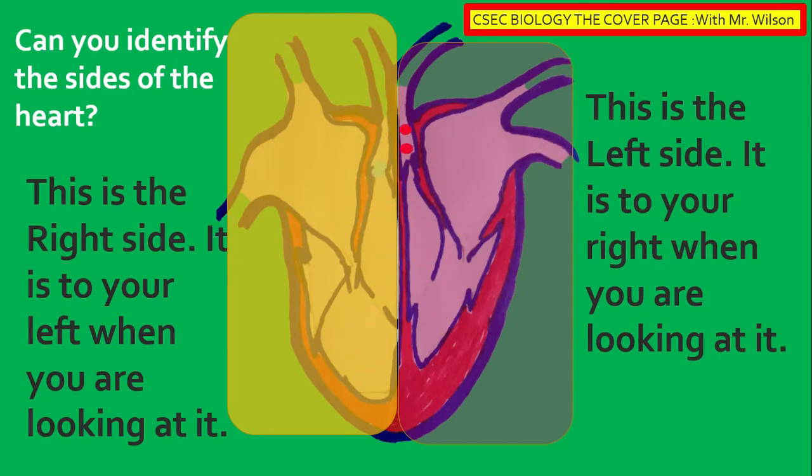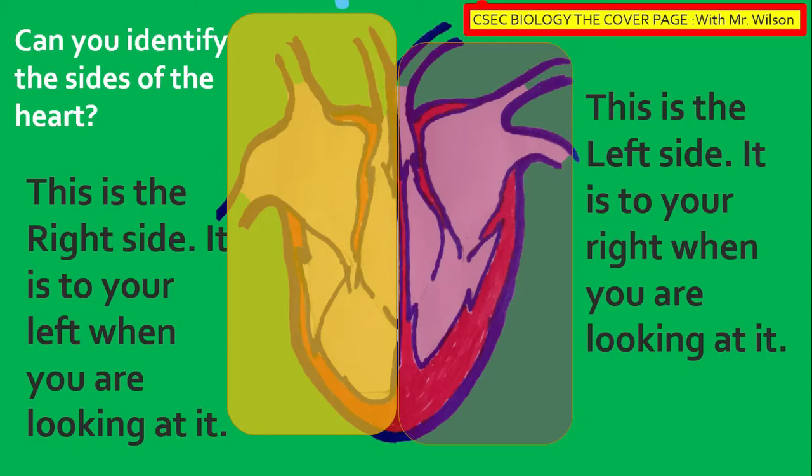And this is why we would have the left of the heart being your right and the right of the heart being your left. Please ensure that when you are supposed to label the heart, the first thing you want to do is to write an R above the heart to indicate the right side, and the L above the heart to indicate the left side.